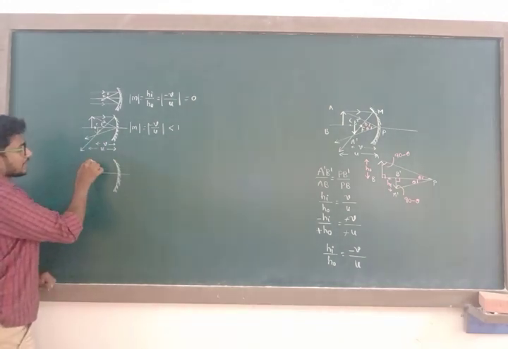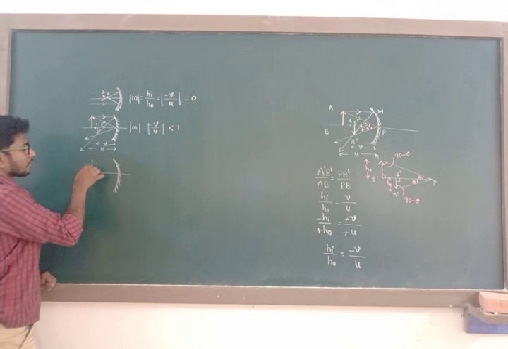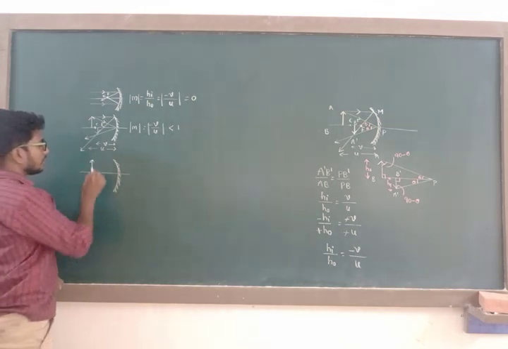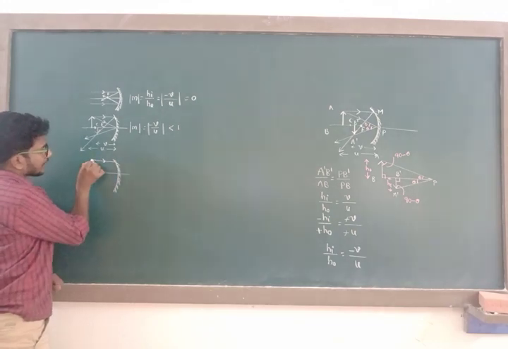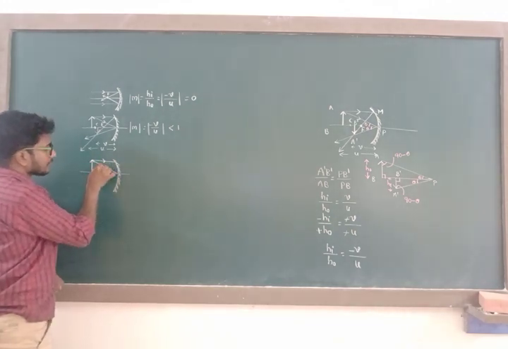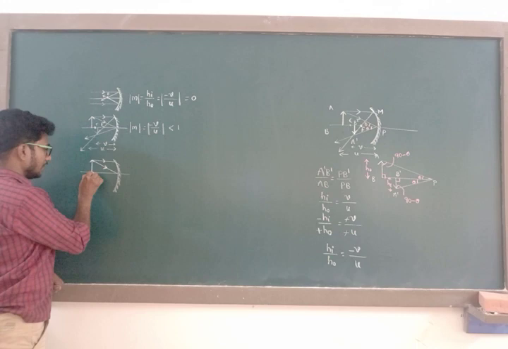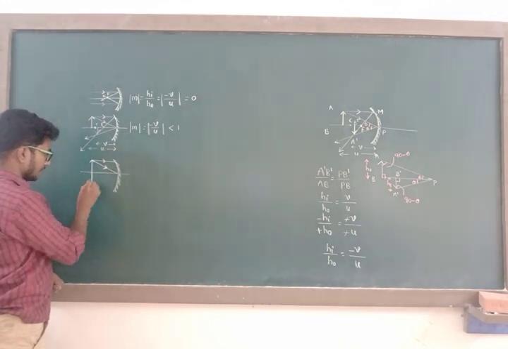When an object lies at the center of curvature, incident light ray parallel to the principal axis, incident light ray obliquely to the principal axis, then the image also lies at the center of curvature.